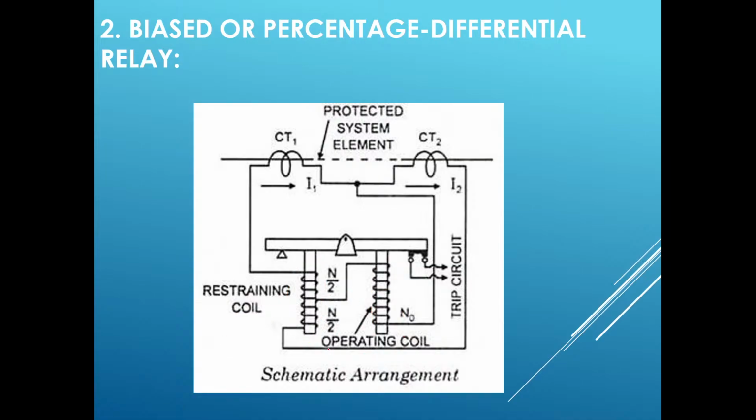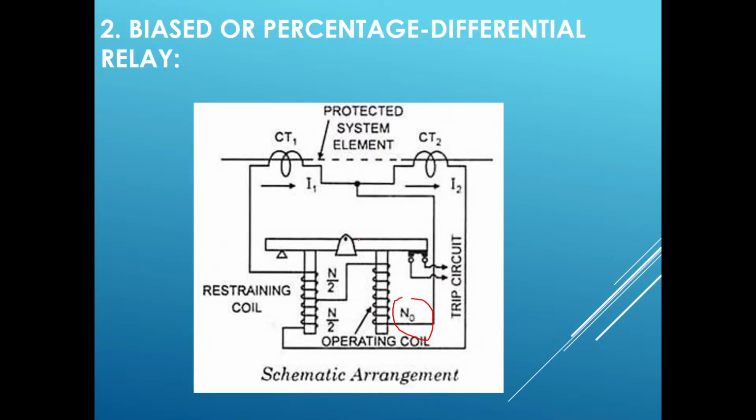Let's assume the number of turns in the operating coil is N naught, and the number of turns in the restraining coil is N. As the operating coil is connected to the midpoint of the restraining coil, the turns of the restraining coil are divided into N by 2 and N by 2, whereas the number of turns of the operating coil is N naught.